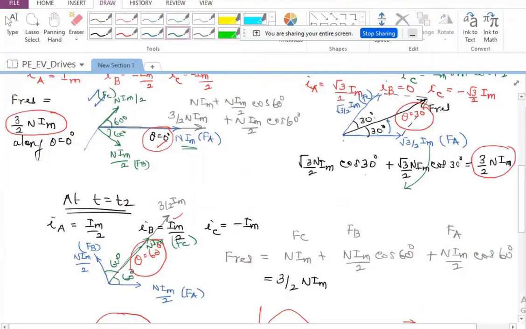So by only interchanging two phase currents, IA you leave it as it is, but IB and IC you are going to interchange. IB is going to be given to C phase winding and IC is going to be given to B phase winding. In that case, you will see a reverse rotation.